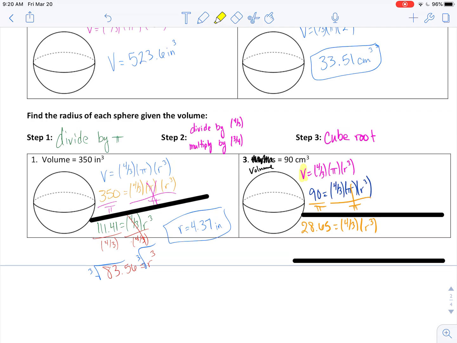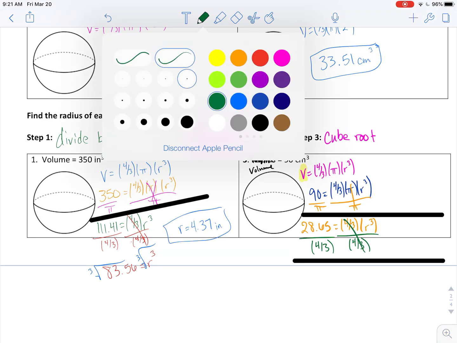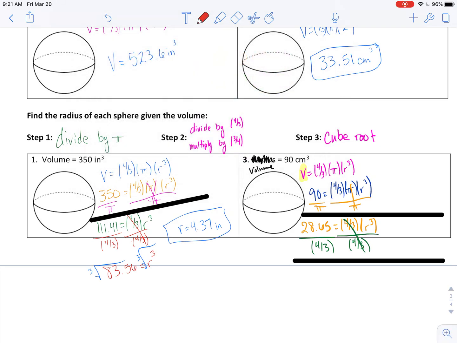So now what do I need to get rid of? What's on the same side of the equal sign as r cubed that needs to go away? Well, that would be our 4/3. So I can get rid of that 4/3 by dividing by 4/3, which is the same thing, of course, as multiplying by 3/4.